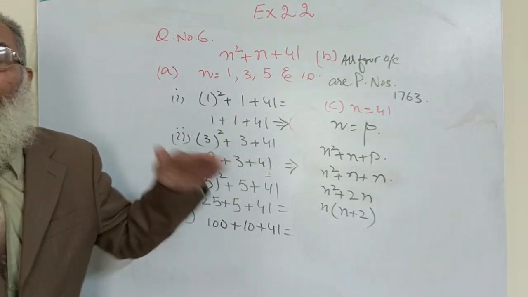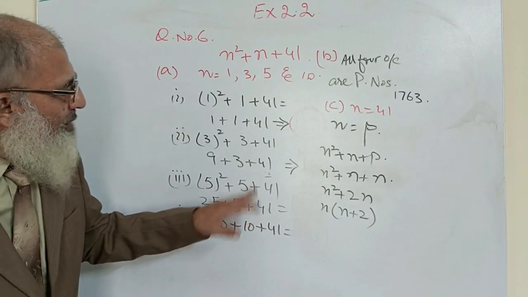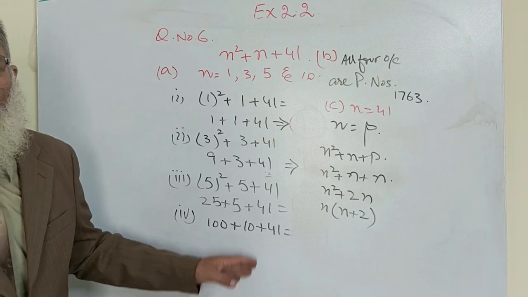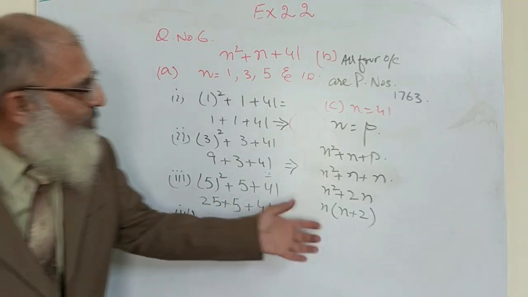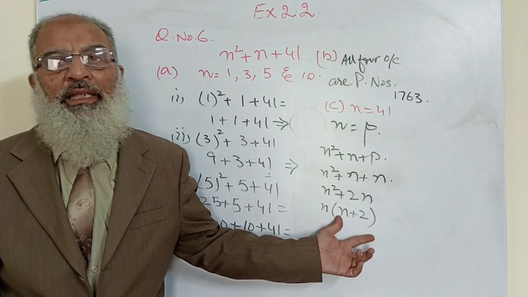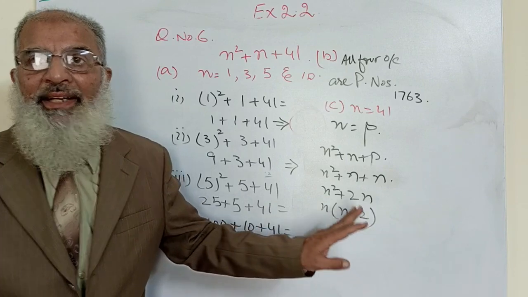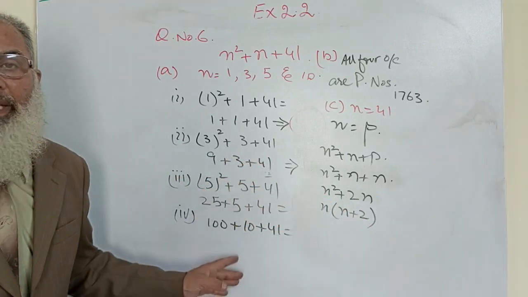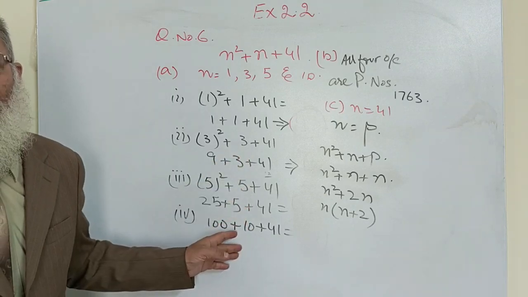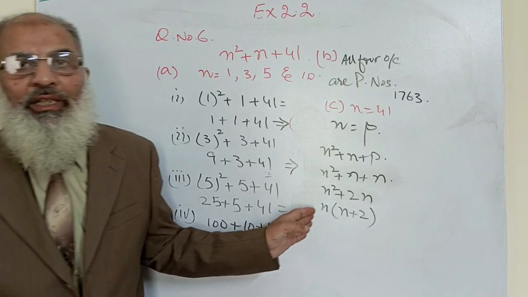Now 43 is divisible by 43 and 1, and similarly all the numbers we got in our preceding part were prime numbers. But you see that this cannot be a prime number because it has two factors, and a prime number in our case doesn't have two factors. So these are the two factors, so this is not a prime number.